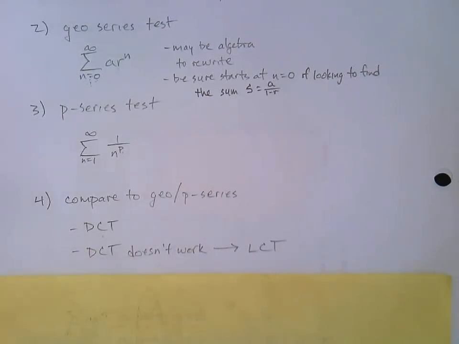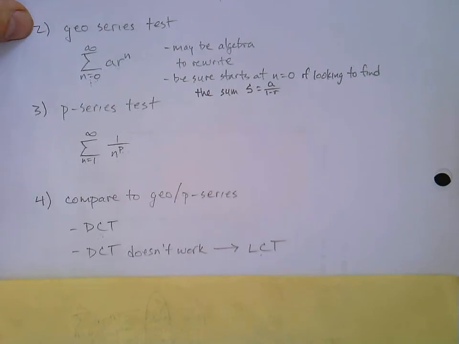And of course, I'll encourage you again, use a DCT first. And if the DCT doesn't work out, if the logic is backwards with the greater than or less than nature and the convergence divergence nature, if that doesn't fit, then your fallback is your LCT. And you've already done the hard work. It's just a matter of now executing the limit as n approaches infinity for a sub n over b sub n.